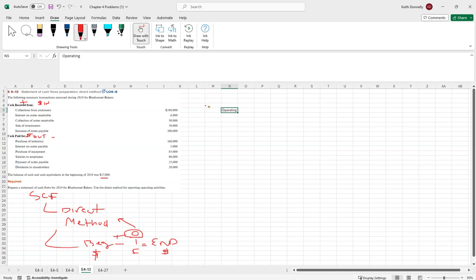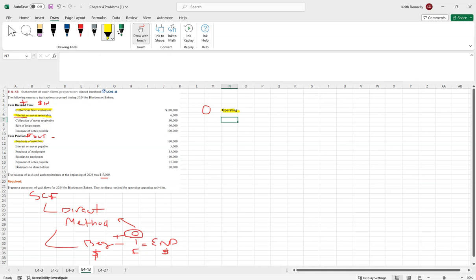All right, so we've got the operating section. Let's start with the O. Because we're doing the direct method, we're looking for any cash inflow or outflow that relates to the reason we're a business, our operating activities. So this is going to include the collections from the customers and interest on notes receivable. It's not the note receivable itself, but the interest on the notes receivable that would go there.